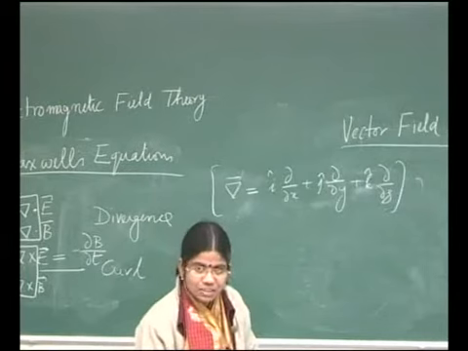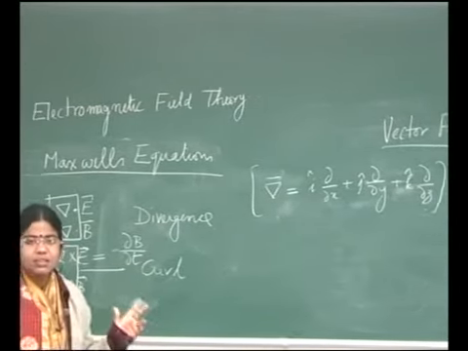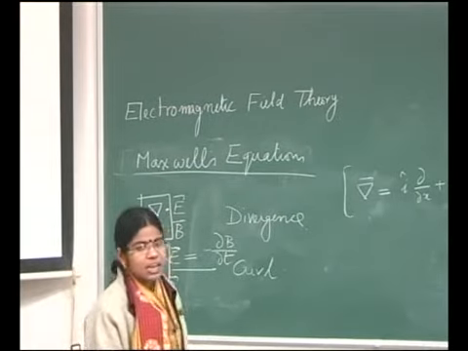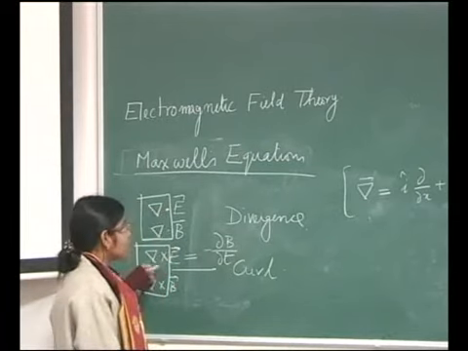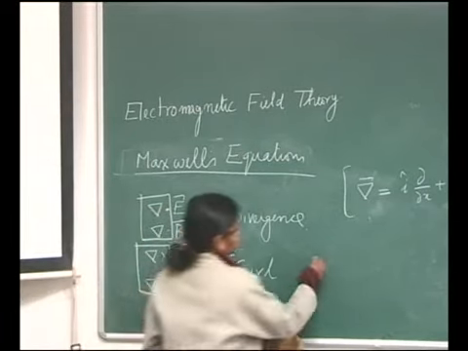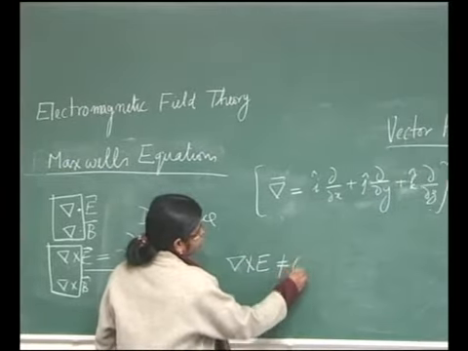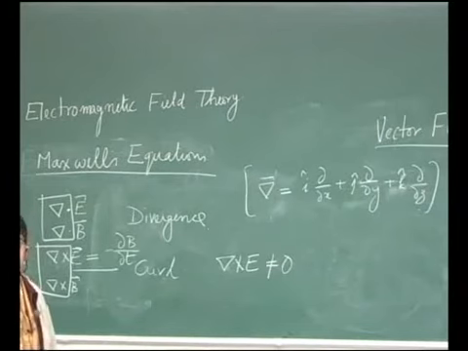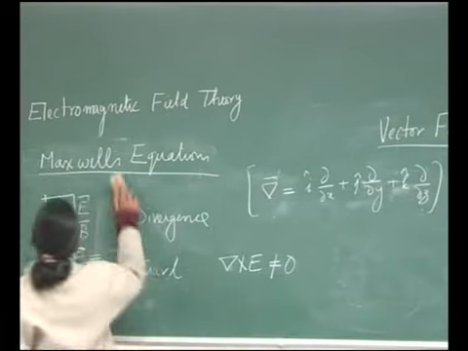This difference is subtle but significant. In electrostatics the curl of the electric field is 0, whereas in electrodynamics del cross E is not equal to 0. This is an important difference between electrostatics and electrodynamics.